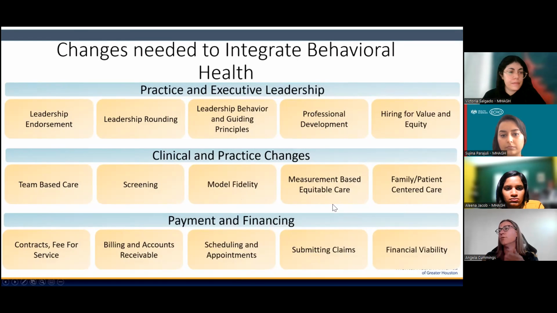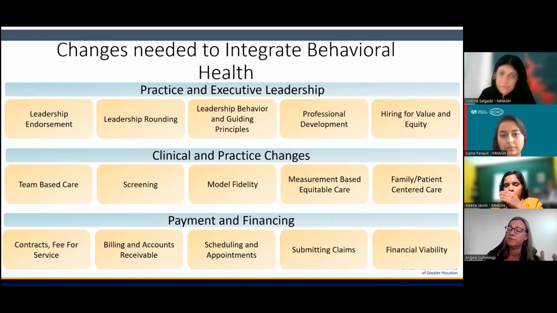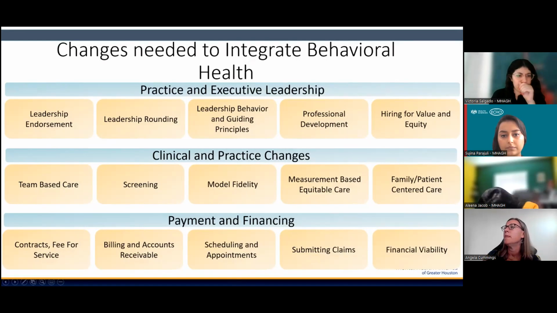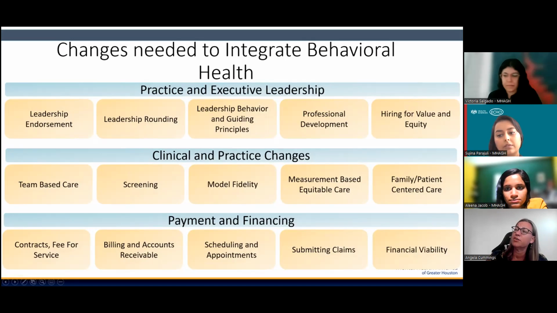So you want to look at your PHQ-9s of your patients with a diagnosis of depression, for example. And then family and patient-centered care. So this is really involving the patient, involving the family in their care plan as you're integrating behavioral health into your clinic.